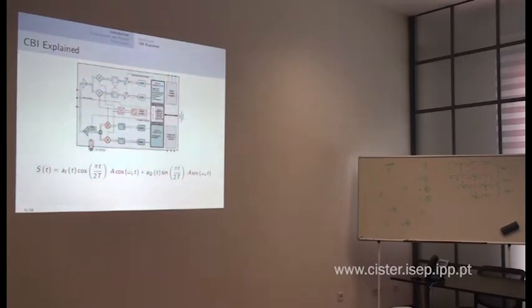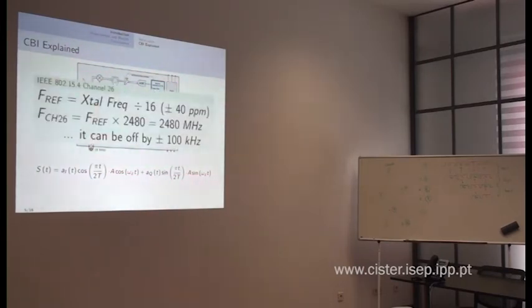Now, when we want to put this signal that we already generated on the antenna, we are still missing the carrier wave. The carrier wave will be generated in this PLL synthesizer. What it does is multiply the frequency of the quartz crystal by a very large number until you get the carrier frequency. In this case, it's 2,400 megahertz. But now there is something interesting.